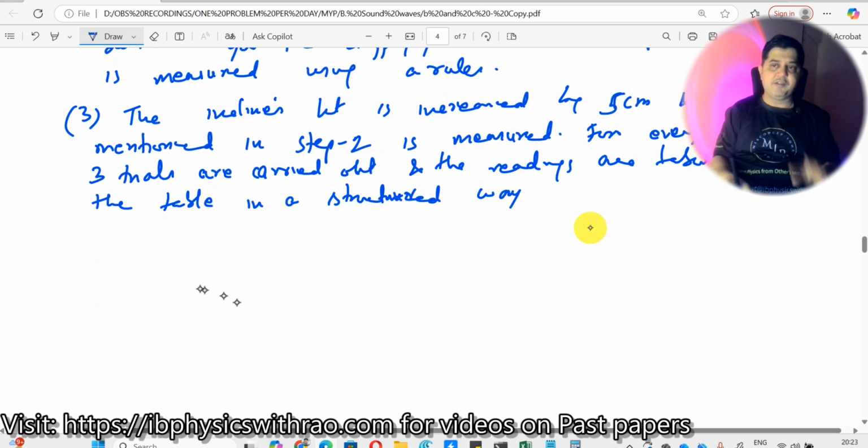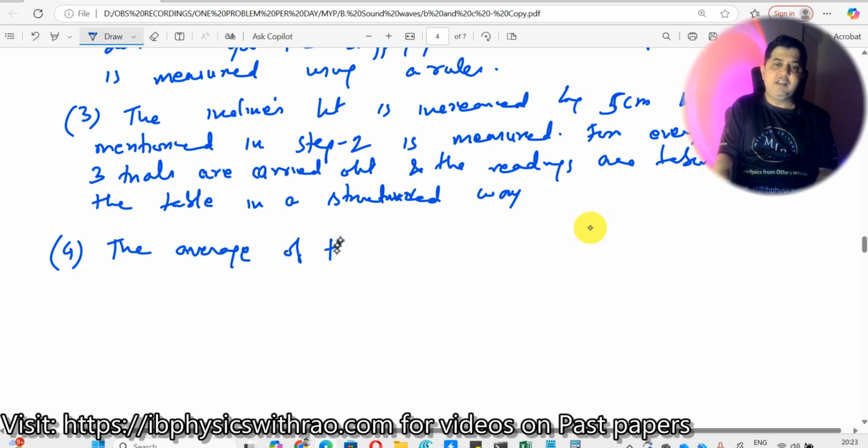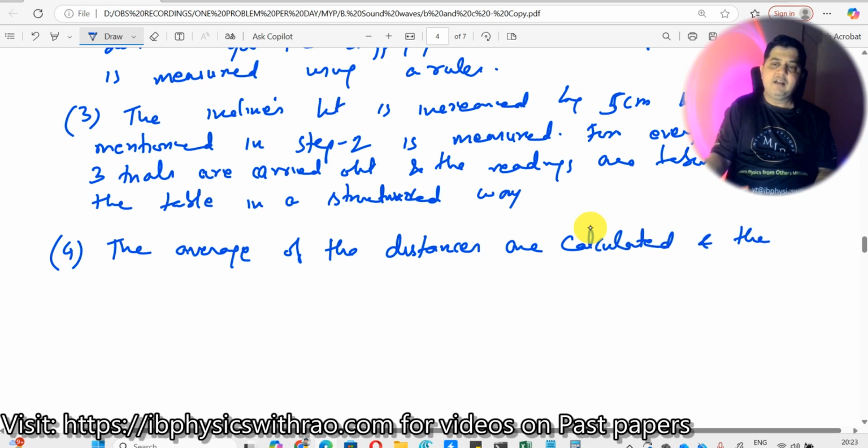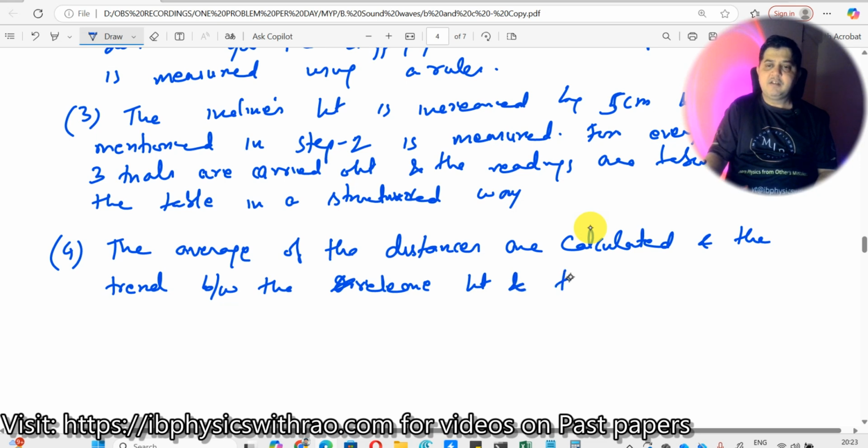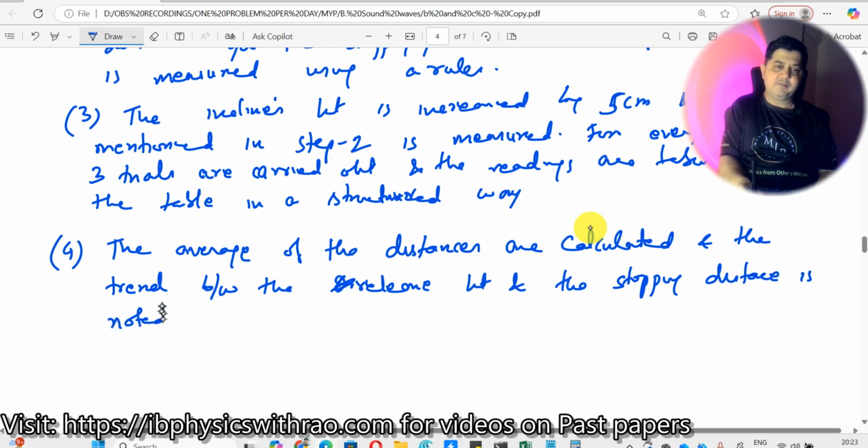These are 4 marks, getting 4 points. One more point, the last point: the average of the distances is calculated and the trend between the release height and the stopping distance is determined.